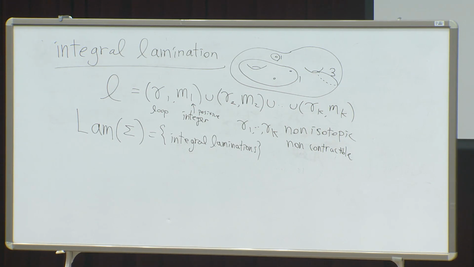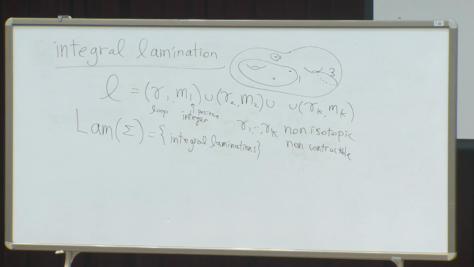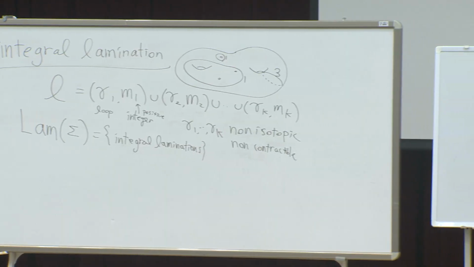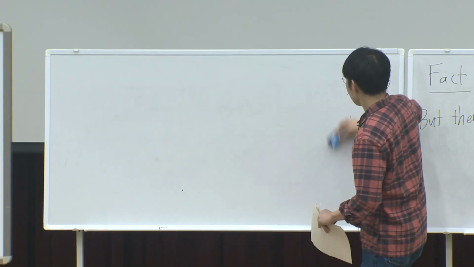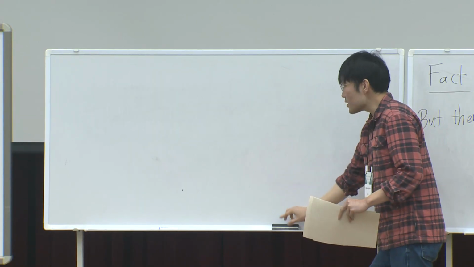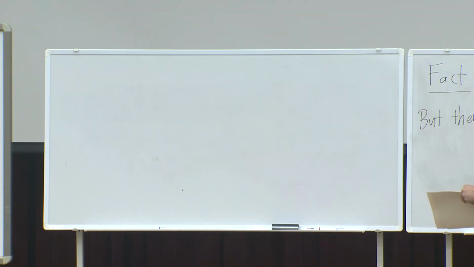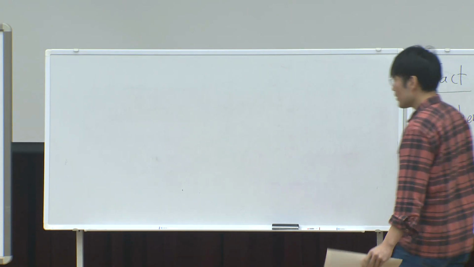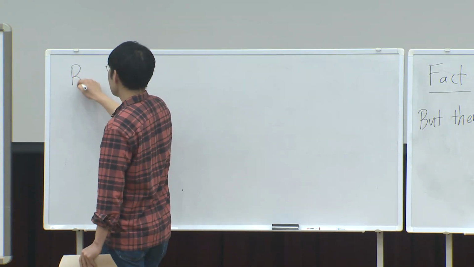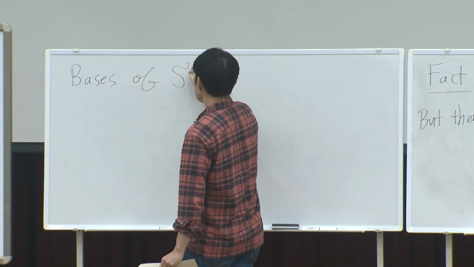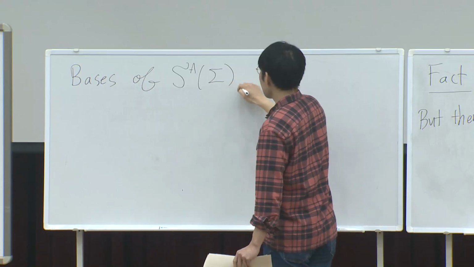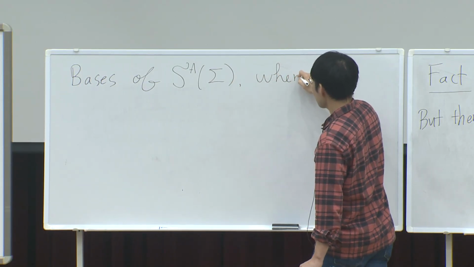And so now let me give you a construction of 3 different bases of skein algebra. And it's easier to start with the case when the parameter A is 1. So I'm just going to give you bases, 3 different bases of the skein algebra. And I'll cheat a little bit and just put A is 1.